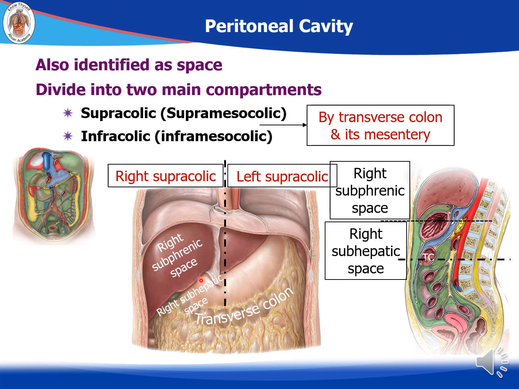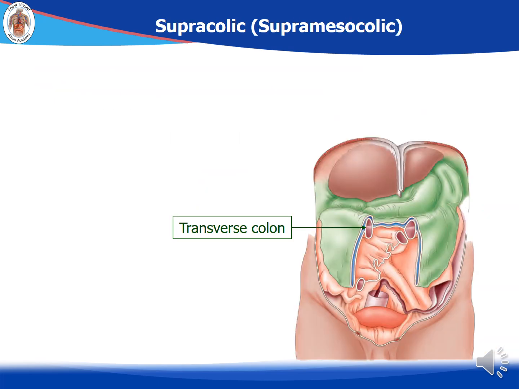The right supracolic is again divided by the presence of the liver. The space from the diaphragm to the liver is the right subphrenic, and below the liver it is known as the right subhepatic space. So it goes up to the transverse colon. So these are the spaces of the peritoneal cavity above the transverse colon.